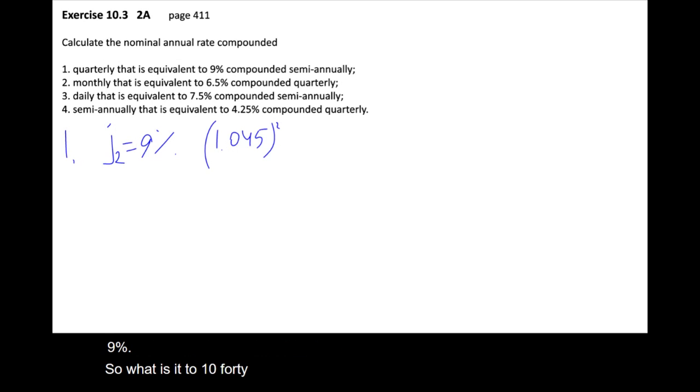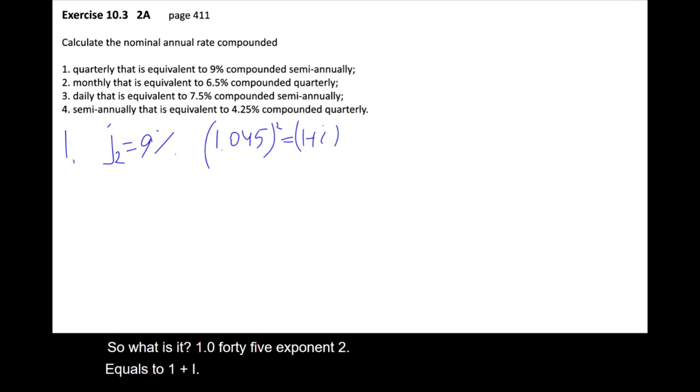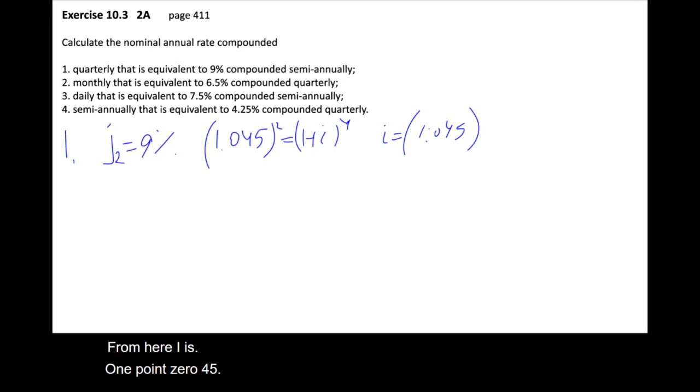Okay, people. Let's see. So question 1, I have J2, 9%. So what is it? 1.045 exponent 2 equals 1 plus I exponent 4. So that is the equation. From here, I is 1.045 exponent 1 over 2 minus 1.